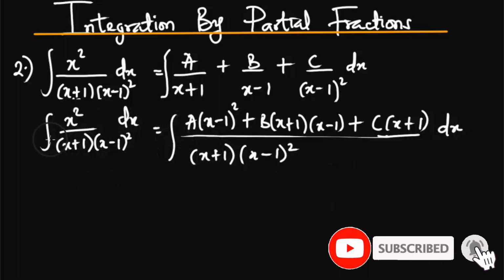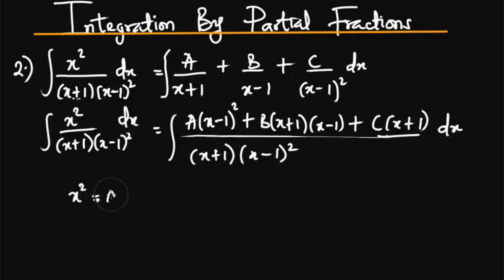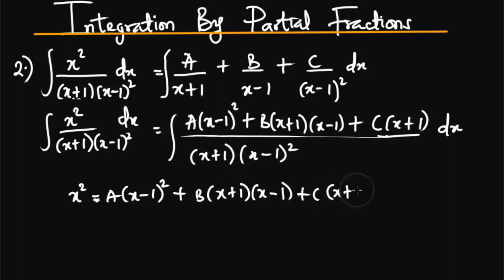And so at this point, we can compare both sides and conclude that x squared is equivalent to A into (x minus 1) squared plus B into (x plus 1)(x minus 1) plus C into (x plus 1). Now we can obtain the values of A, B, and C. If we make x equal to 1, A becomes 0, and B also becomes 0, so we can obtain C. Let x equal 1.